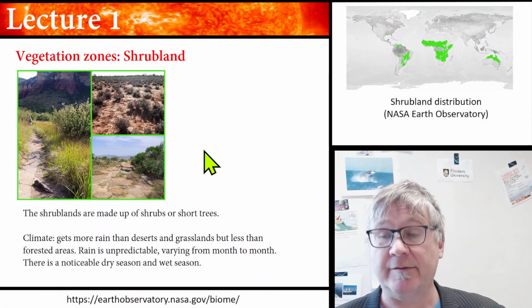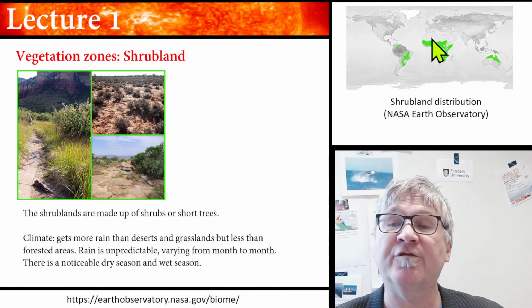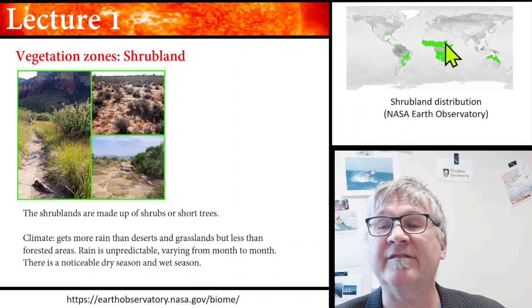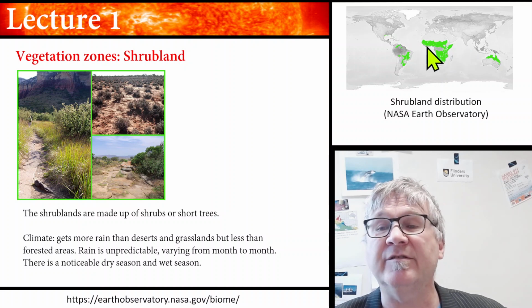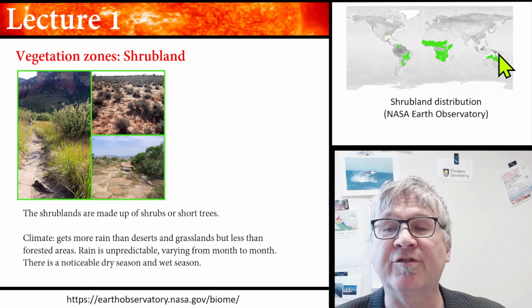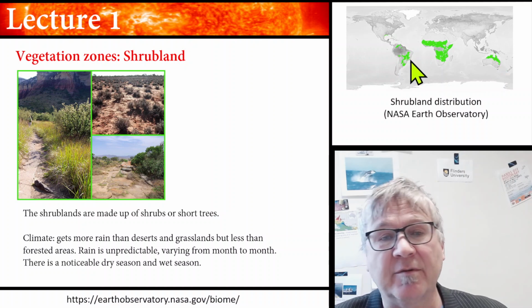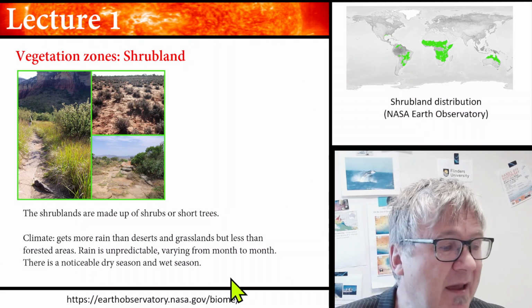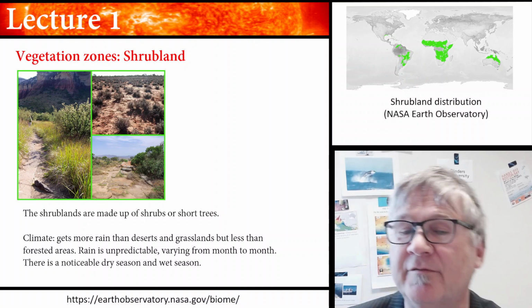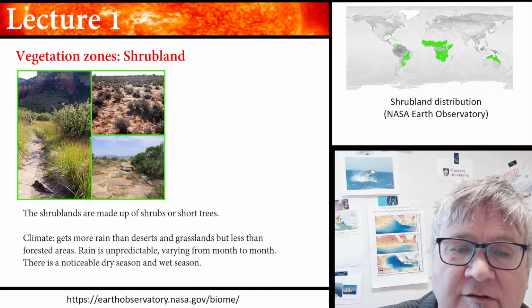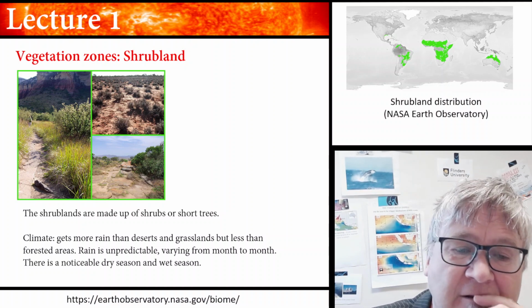Okay, shrubland. Look at the distribution of shrubland here in the subtropical regions of Africa and in northern Australia, and we also get them here in South America. Shrublands are made of, well, you might have guessed it, shrubs and short trees. Look at that type of vegetation there.